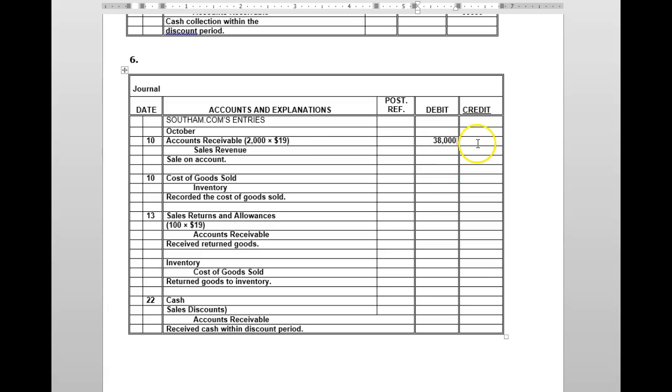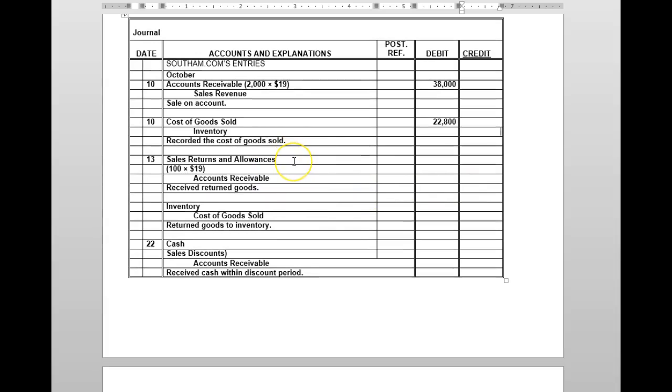You're going to have corresponding credit right here. Now the cost of goods sold was what for this? What did it say? It said $22,800, sorry. So I'm increasing my cost of goods sold. I've got to decrease the inventory.